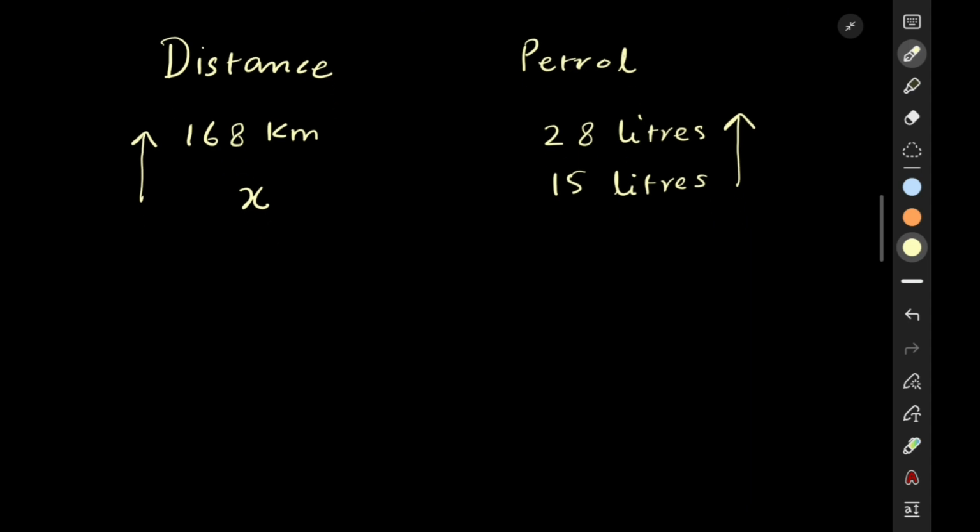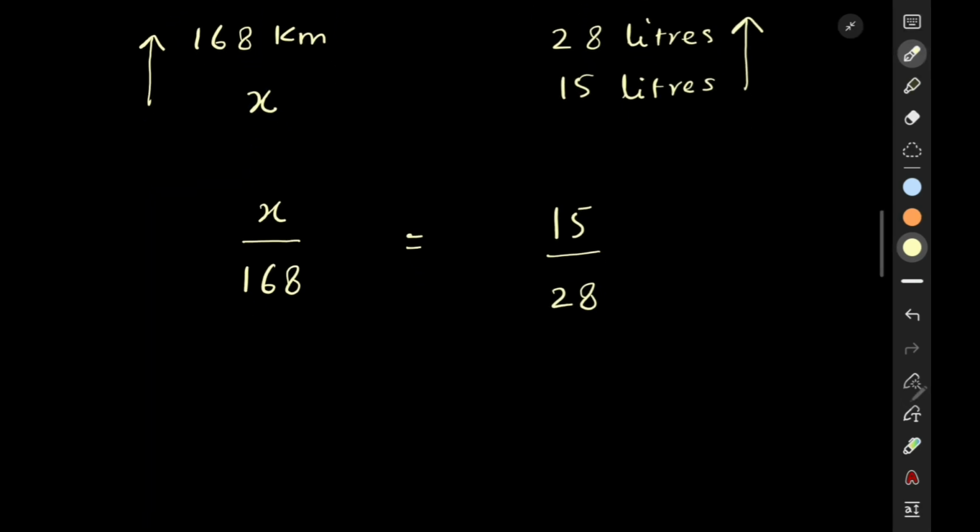Now how can we solve it? First, from tail to head. First we write x over 168, and here 15 over 28. The sign of equality here. Now we do cross multiplication, that is x multiplied with 28 and 168 with 15.